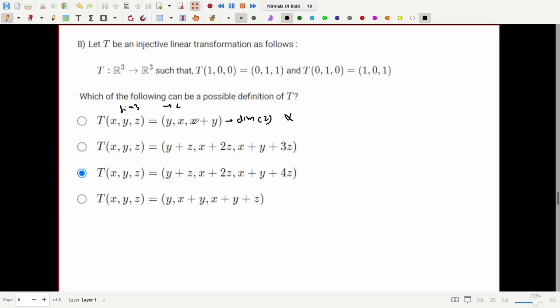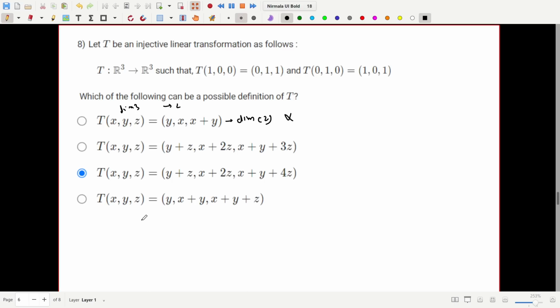You can see easily, because here it is dimension 3 to dimension 2, so the one-one transformation cannot be possible. Okay. The next one is dimension 3 and it is also dimension 3. We have to check further also. The third one is also, and the fourth, (x, y, z) equal to (y, x plus y, x plus y plus z).